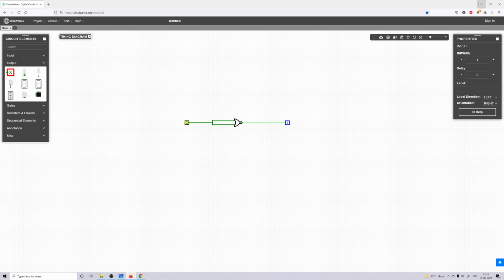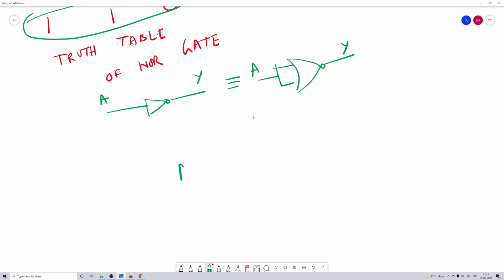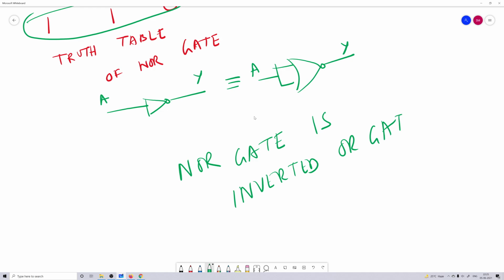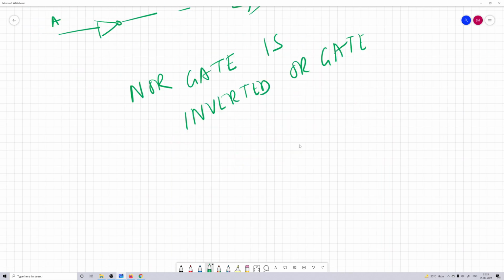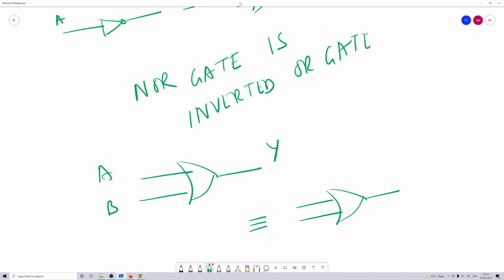The second gate we will do is the OR gate. We simply know that a NOR gate is simply an inverted OR gate. Or in other words, a NOR gate is simply an OR gate followed by an inverter.